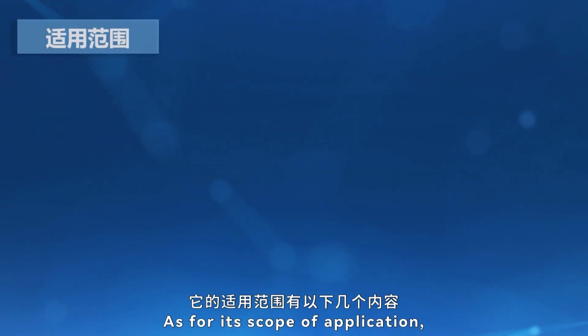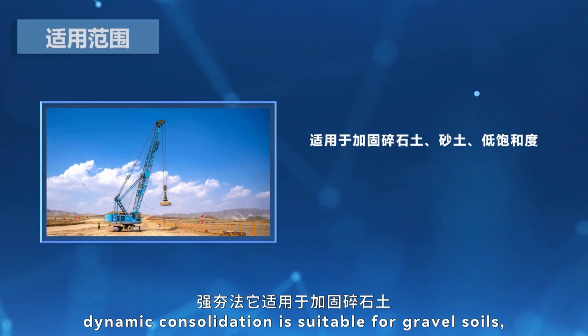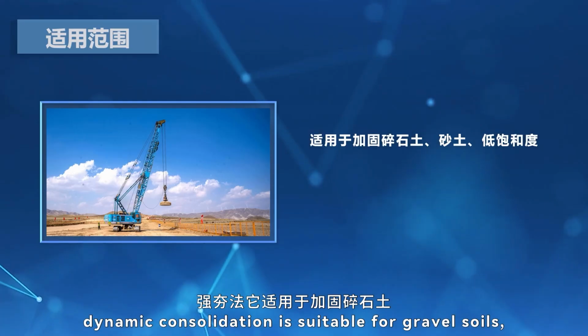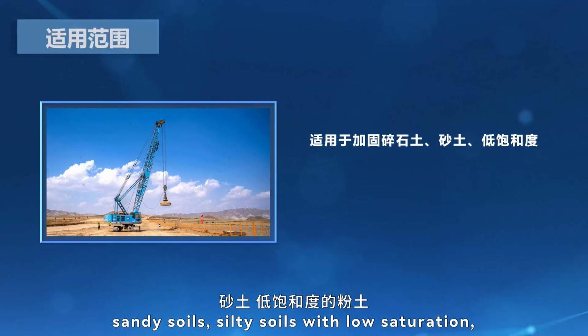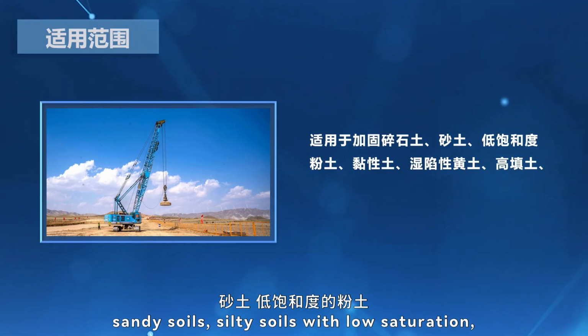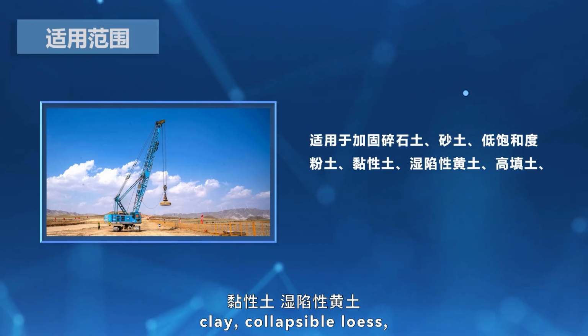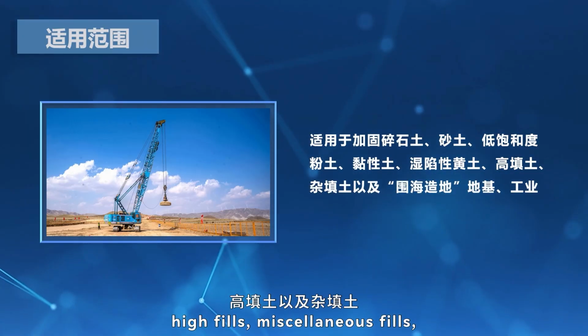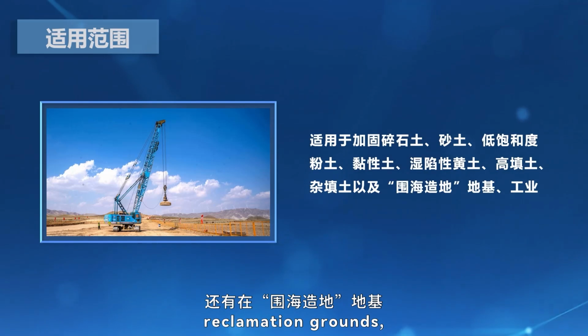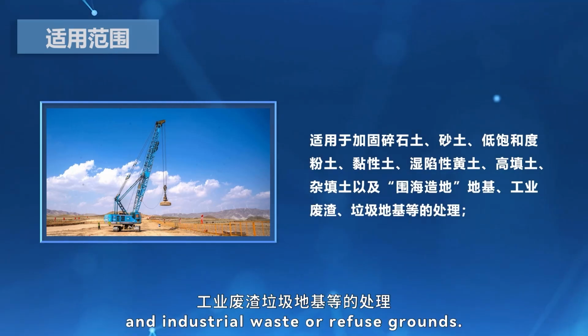As for its scope of application, dynamic consolidation is suitable for gravel soils, sandy soils, silty soils with low saturation, clay, collapsible loess, high fills, miscellaneous fills, reclamation grounds, and industrial waste or refuse grounds.